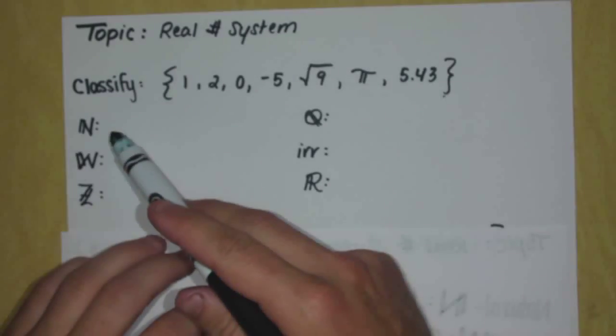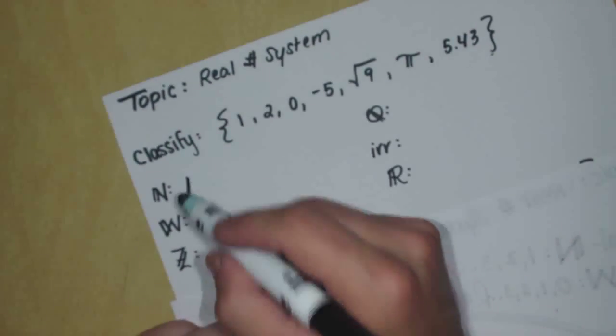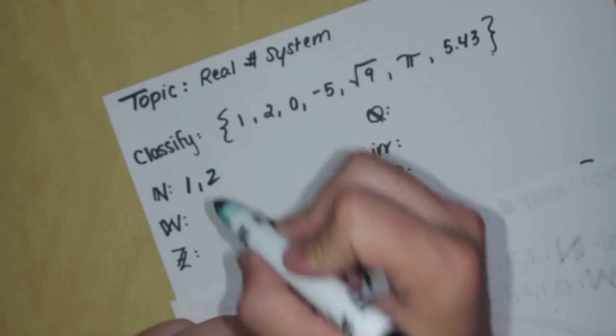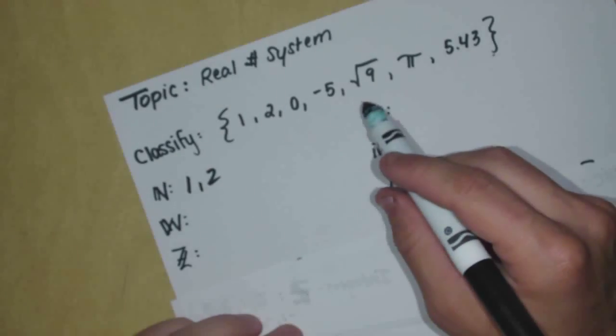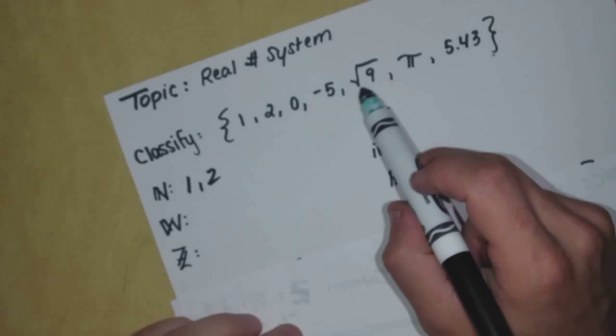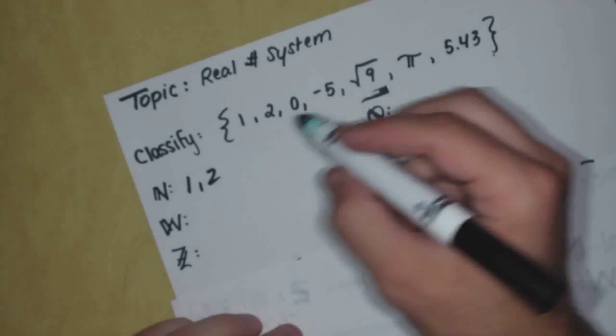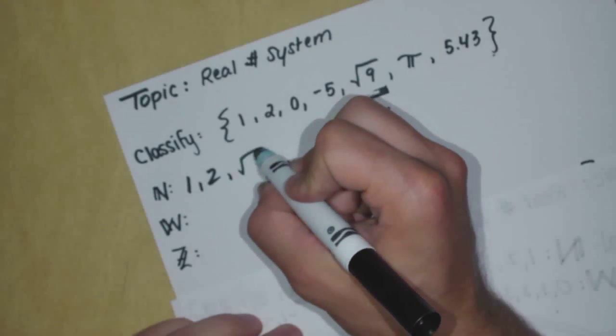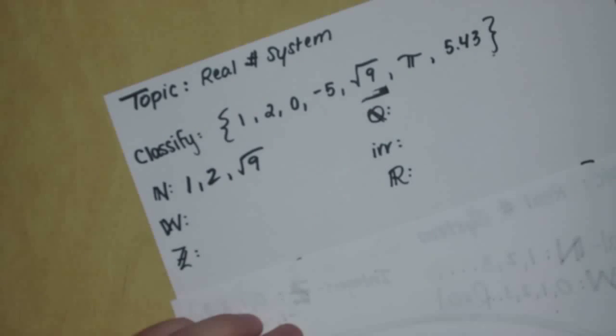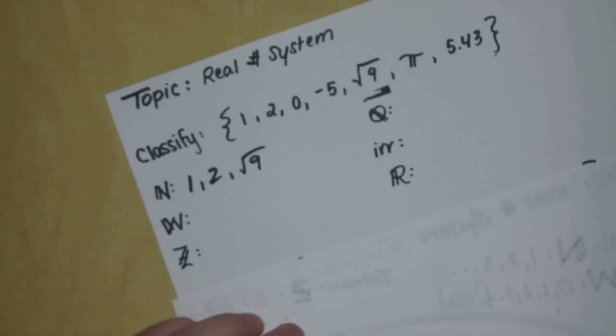So, natural numbers would include 1, 2, and don't get tricked, but the square root of 9 is just 3. So that would also be a natural number.